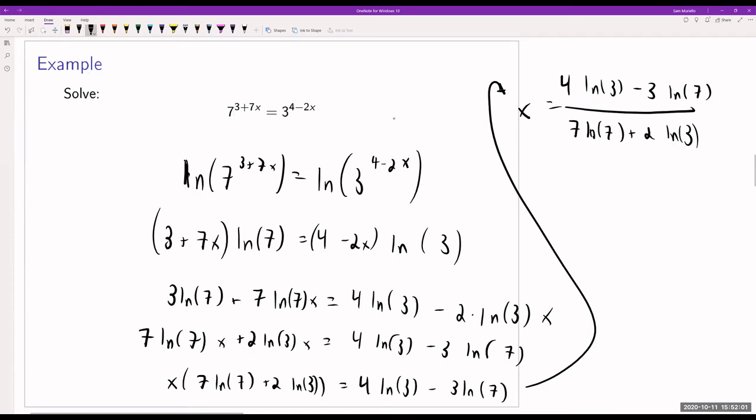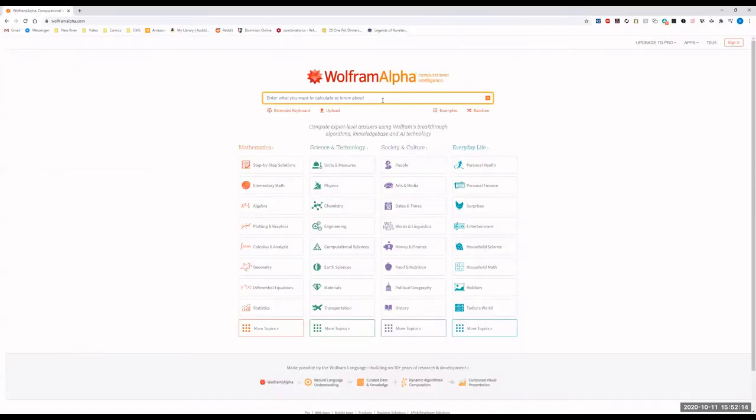Now, we'll certainly need to use a calculator to get the answer here. So let's go ahead and switch us over momentarily to Wolfram Alpha. And I would plug in 4 ln of 3 minus 3 ln of 7 divided by 7 ln of 7 plus 2 ln of 3.